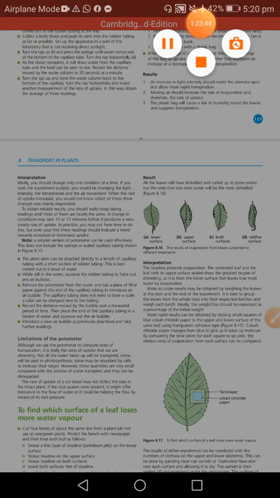So now water begins to move from the surrounding cell into the guard cell. Why? Because this guard cell now contains potassium chloride, that means salt. So the salt concentration in the guard cell is high, so water potential is low. So water moves from the surrounding cells into the guard cell, from the higher water potential to the lower water potential.